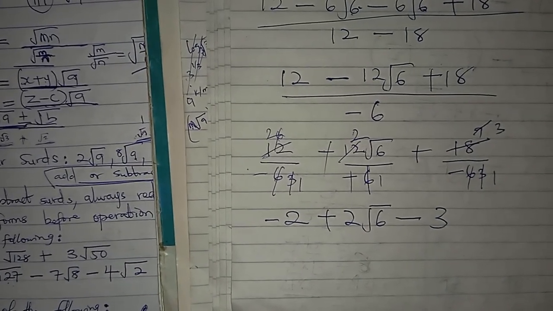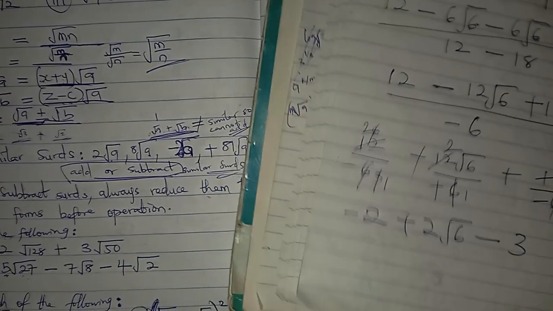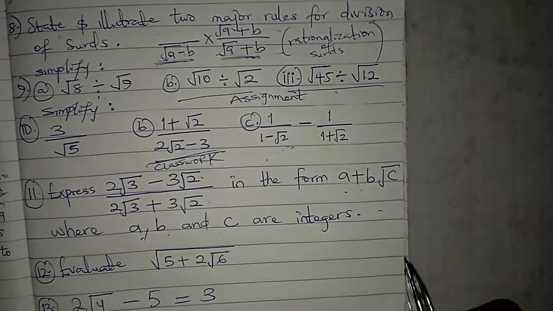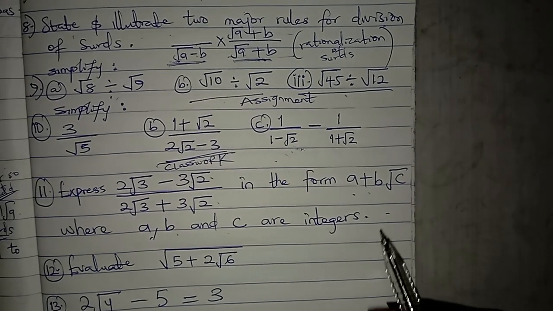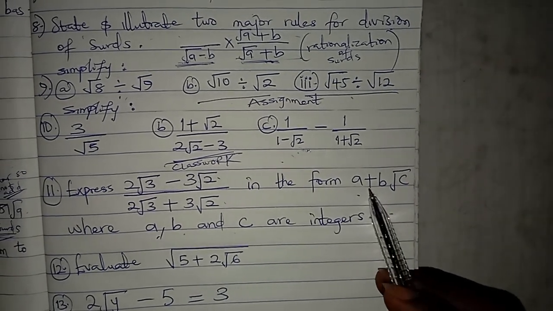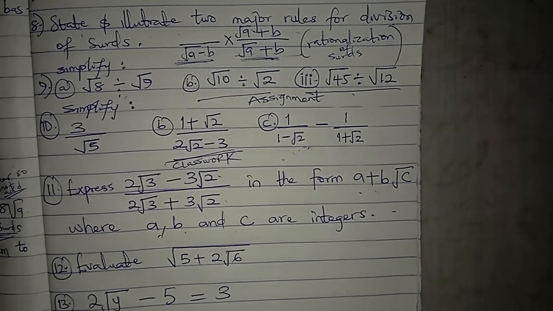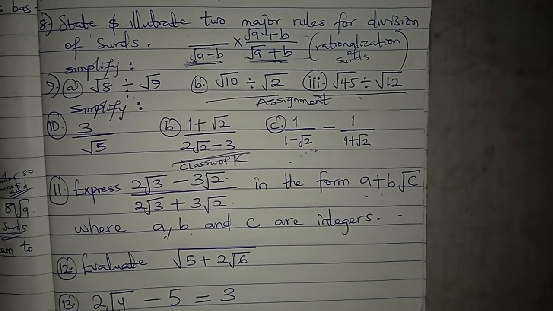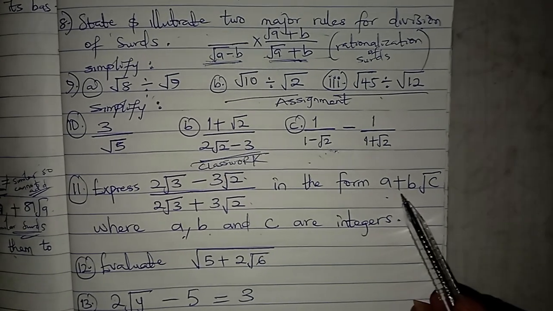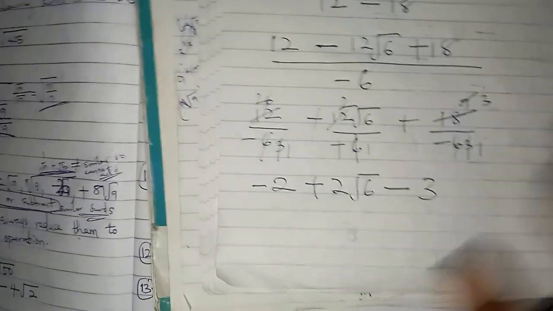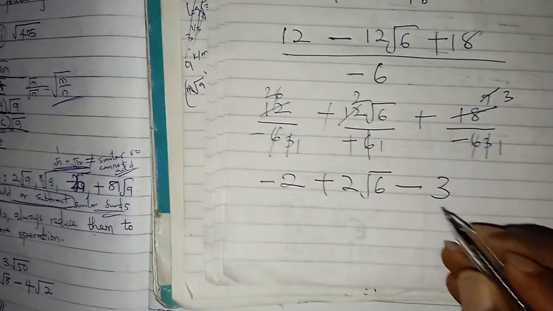Let's see it. And remember the question said that we should express what we have in the form of a plus b root c. So which means that, notice that this is a number, this is another number.